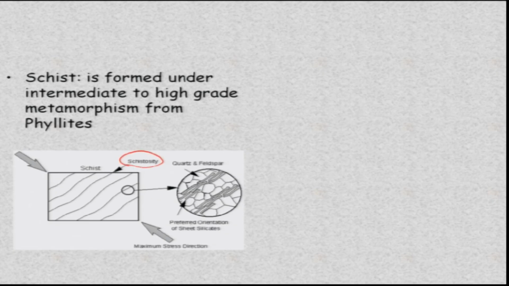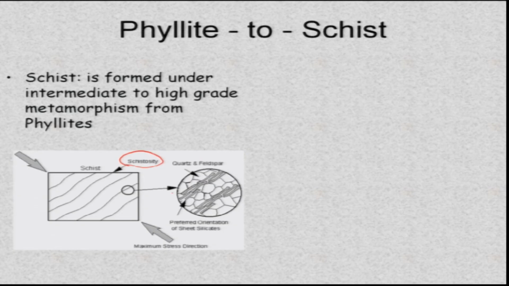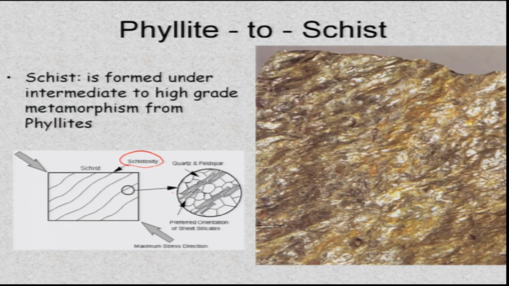We will see preferentially oriented sheets of silicates, and the minerals surrounded by that. From phyllite to schist we have slightly larger grains, and we will see similar wavy structures here also, but not as prominent as in phyllites.